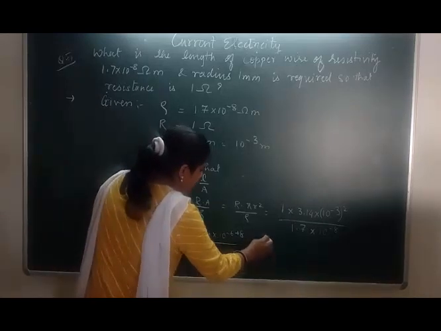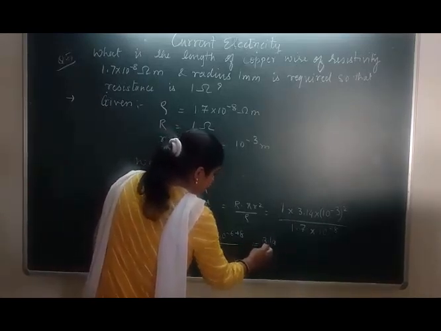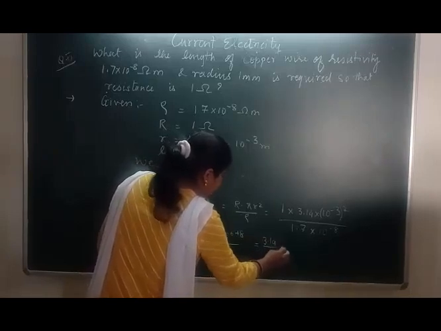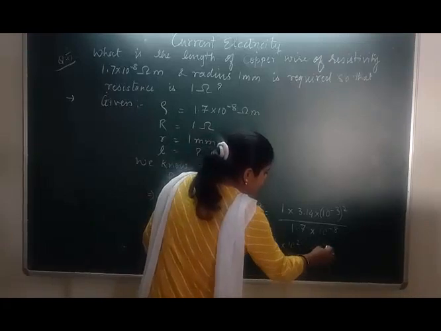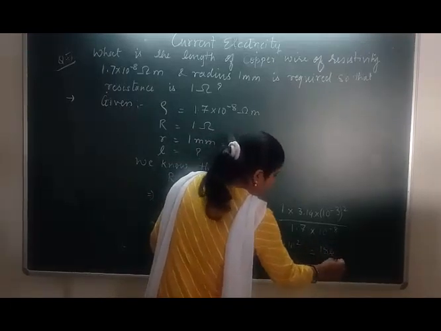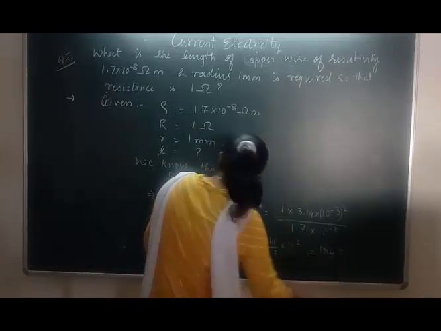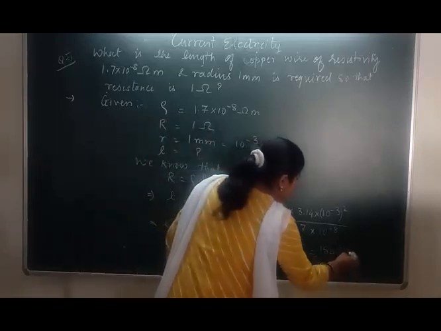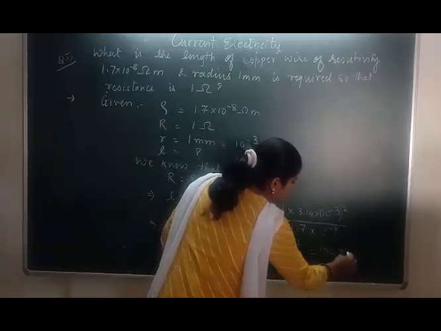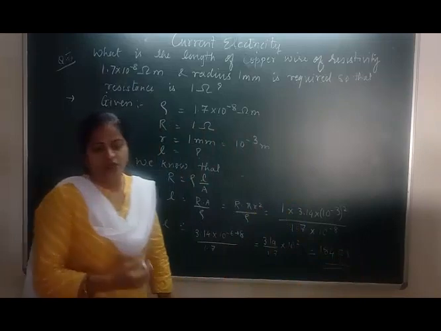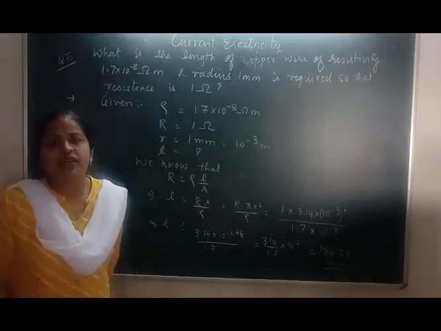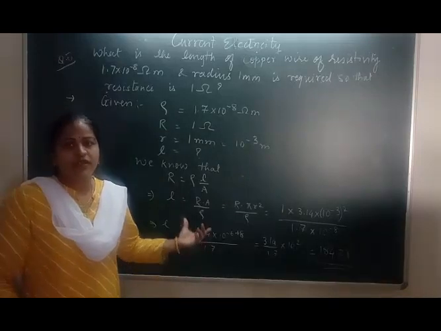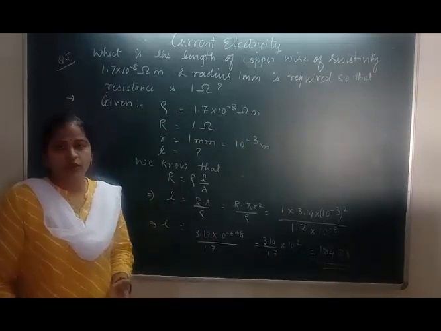So therefore we get the value 3.14 upon 1.7 into 10 raised to power 2, which is equal to 184.7. Unit of length is meter. So you can solve the numerical based on the resistivity. It is very easy. It will be very helpful to you to solve all these numericals.